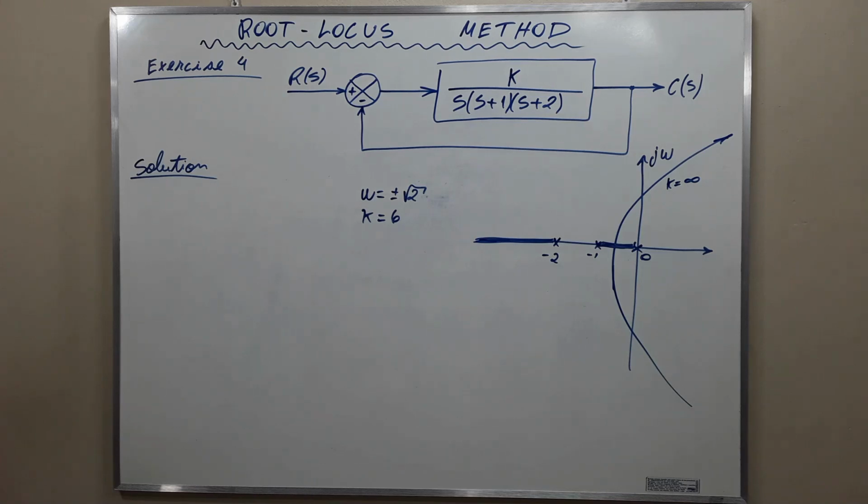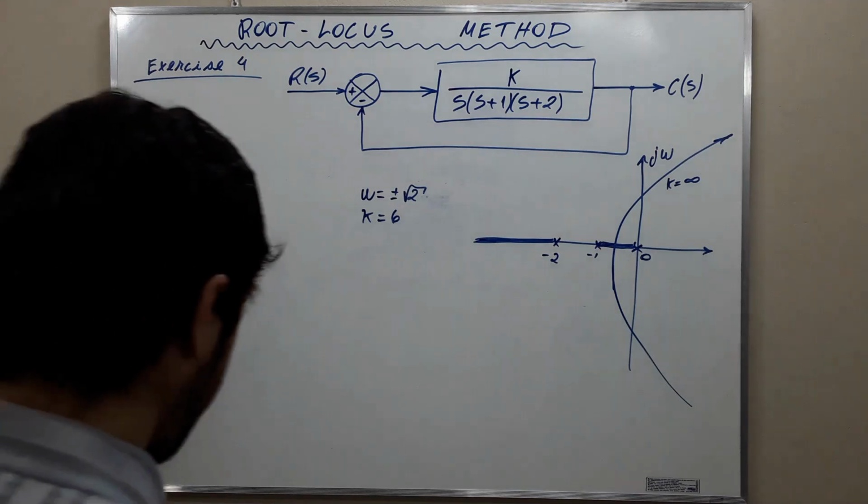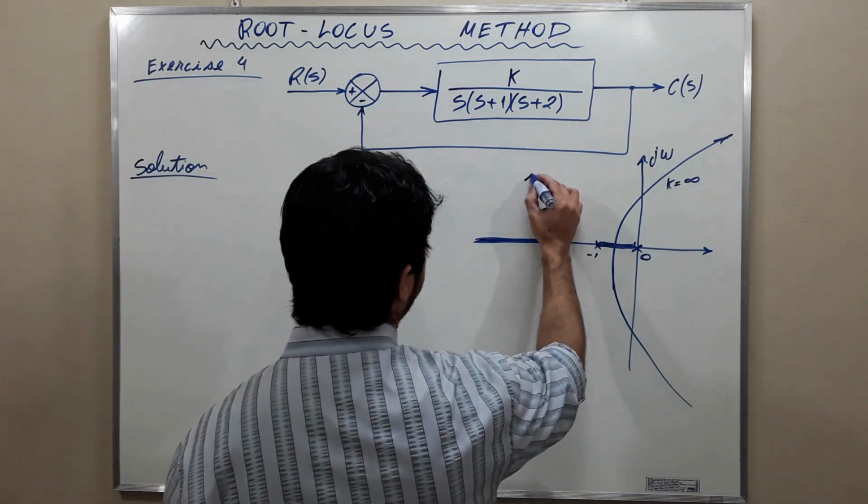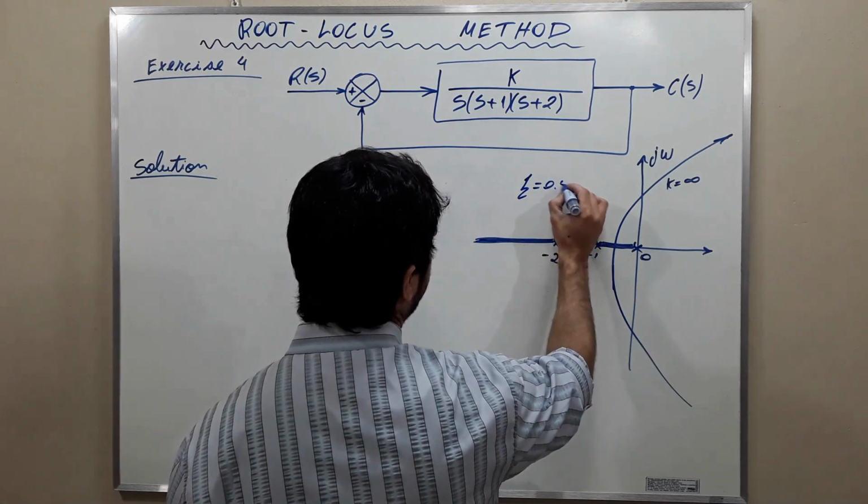Now, to finish, the exercise wants us to find a pair of dominant closed loop complex conjugate poles for zeta equal to 0.5.